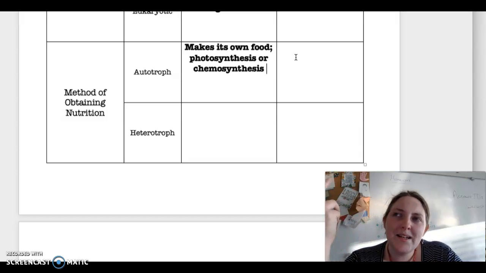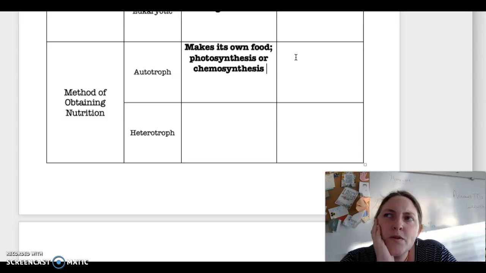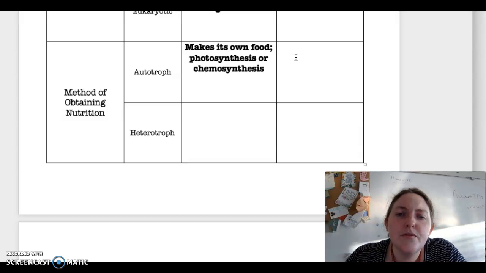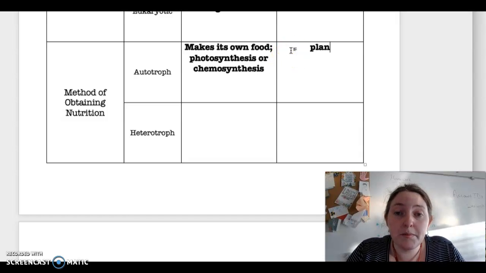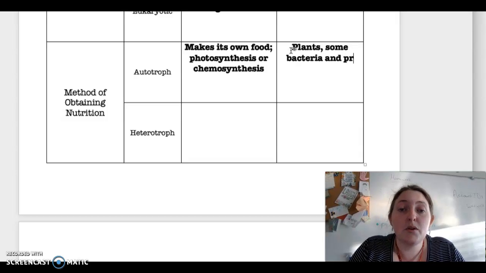So I want you to take a moment and think about when something would need chemosynthesis instead of photosynthesis. So photosynthesis, of course, is turning light into food. Chemosynthesis is turning chemicals into food. So sometimes organisms live in dark places or deep oceans where sunlight doesn't reach, so sometimes that is very useful. So in this case it would be plants and some bacteria and protists do this.